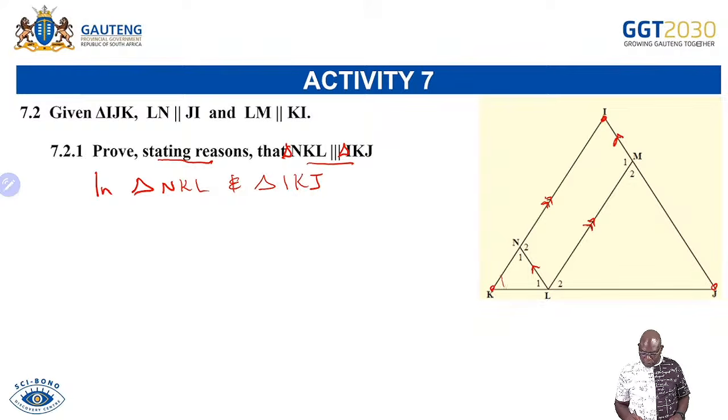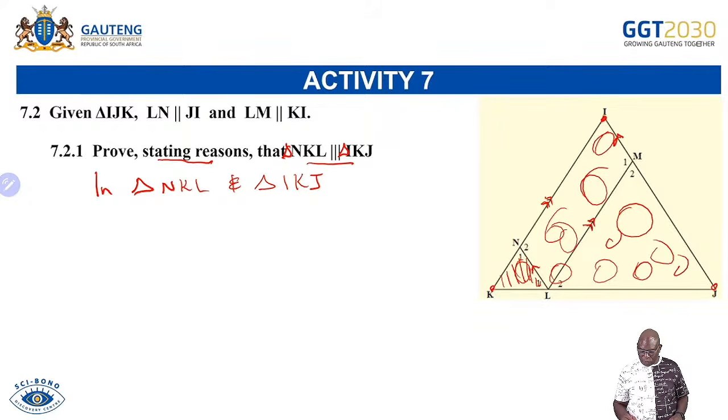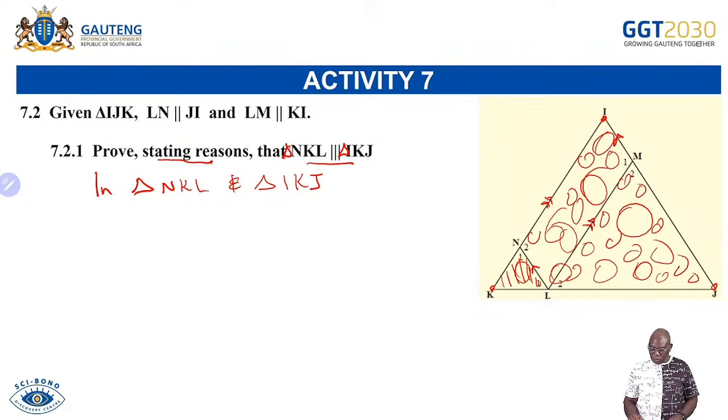NKL is this triangle. I'm shading that. IKJ is the bigger one. I'm shading it like this. Can you see it overlaps also on the smaller one? Right? This is the triangle. Enjoying drawing this. Right? Now, is that small triangle here and the bigger triangle there?